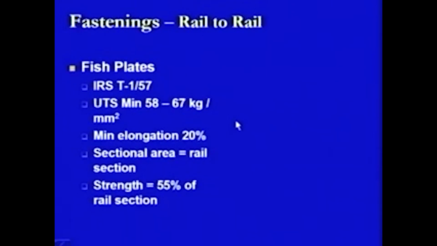This is the designation number of fish plates in the overall technical glossary of Indian Railways. So, as soon as anybody related to the railways is given this number, the person can understand that we are talking about the fish plates. So, there is no need of giving the other specifications of that fish plate as soon as the number has been specified. Now, in these fish plates, they require certain strength.